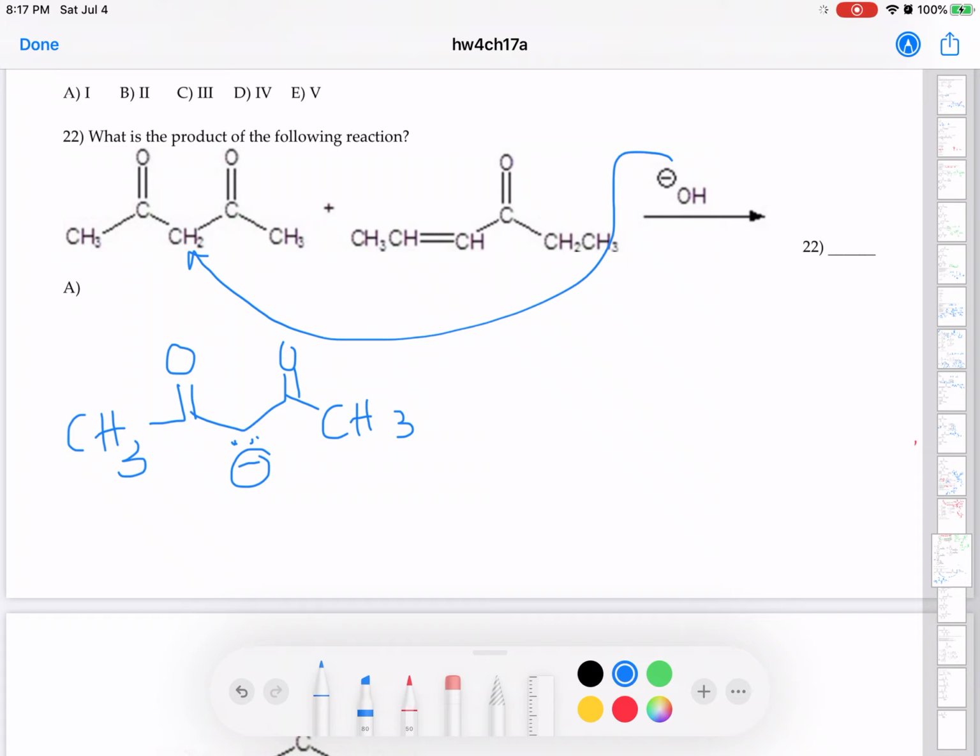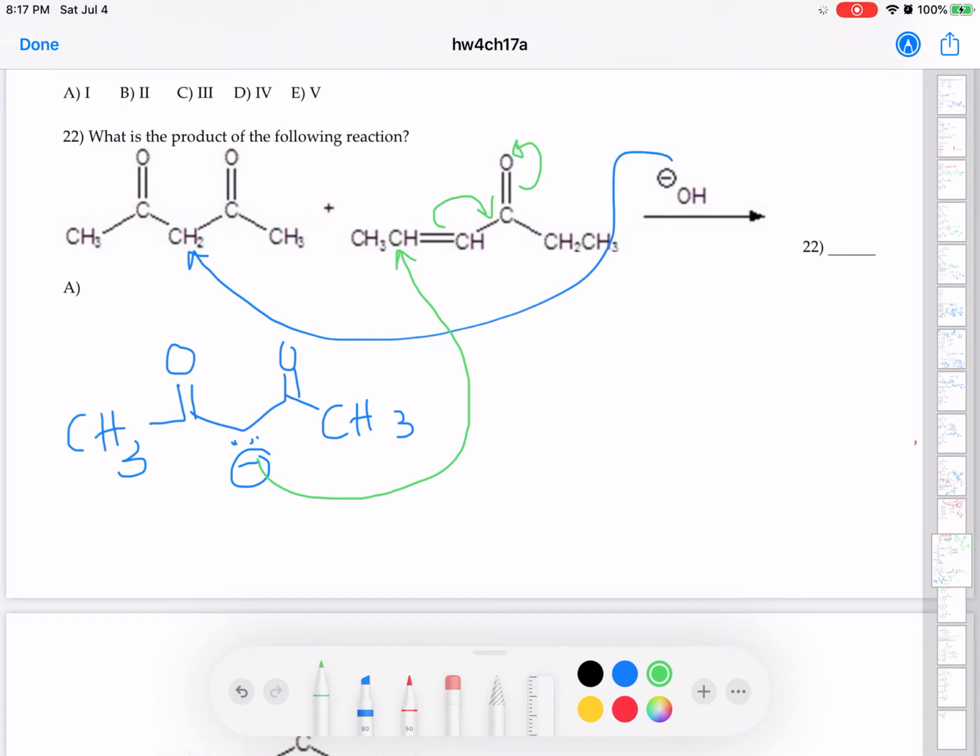Okay, and then what's going to happen? This one is going to go and react on to this carbon right there, and then you can see how the conjugate addition takes place.